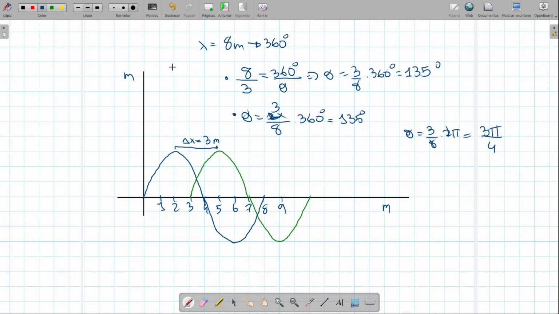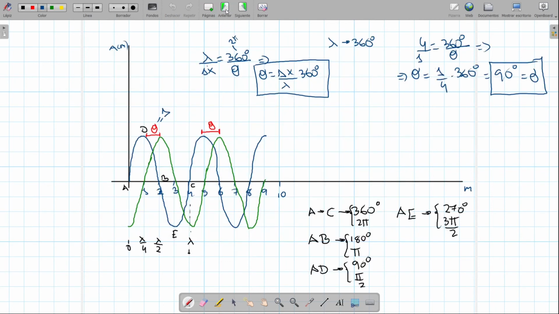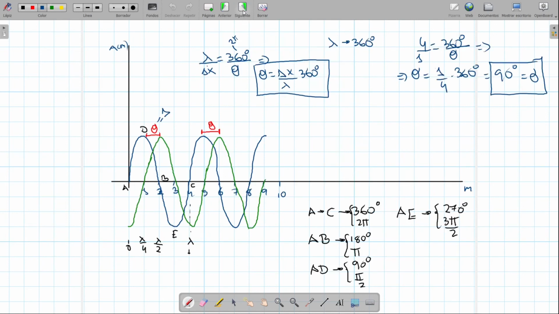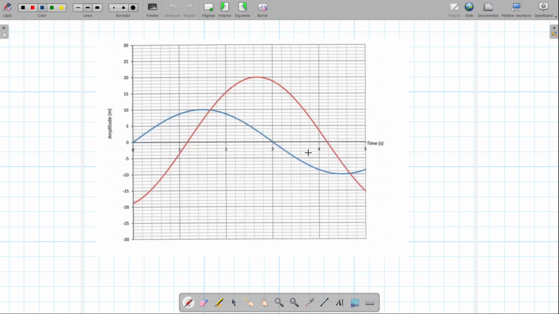So this is easy. Once we understand how to do it, we can either use the formula or the proportion and calculate it when we have amplitude versus distance. What happens if we have an amplitude versus time? We can do the same thing, but now instead of calculating the wavelength, we're going to calculate the period.